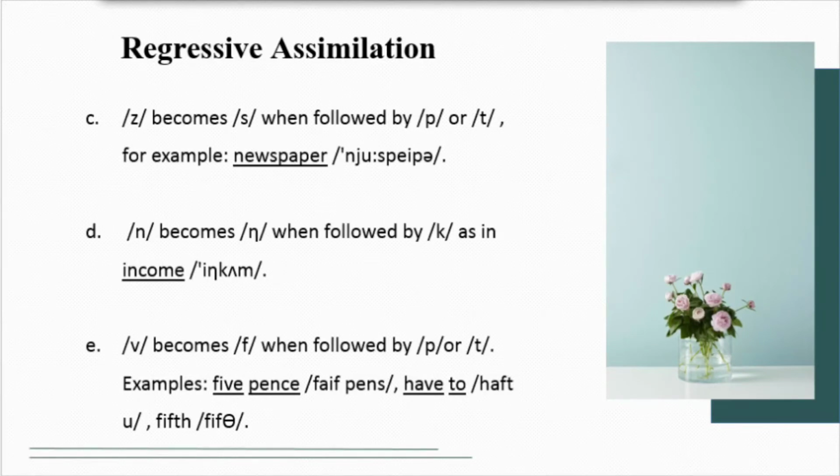For example, newspaper. So we cannot read newspaper with a z, but newspaper with an s. The following example is n becomes ng when followed by k, as in income. So we read it income, not income but income.